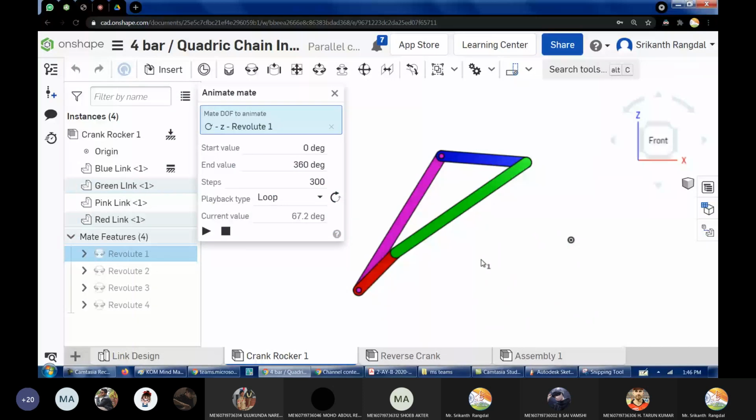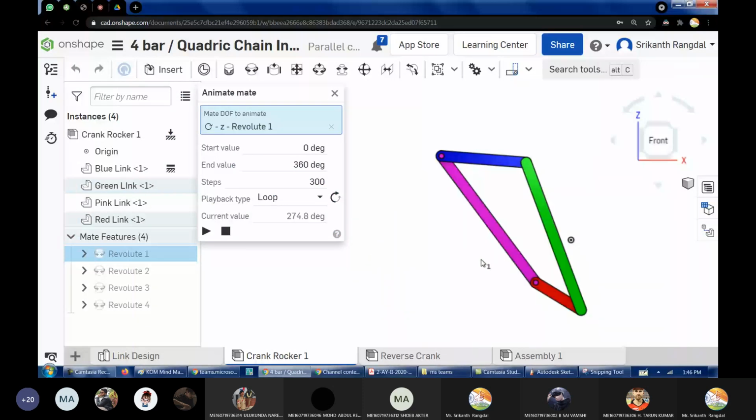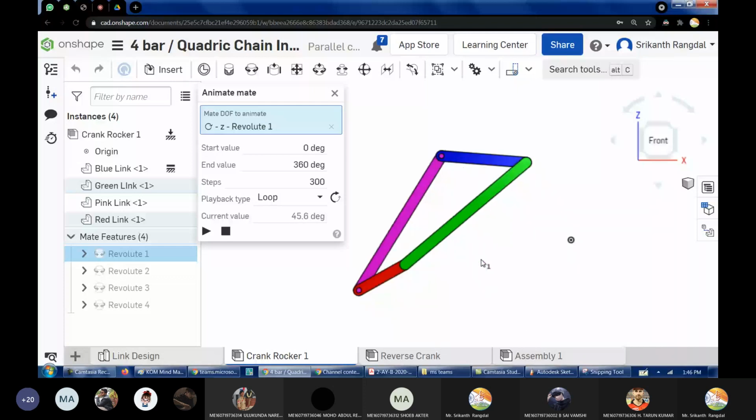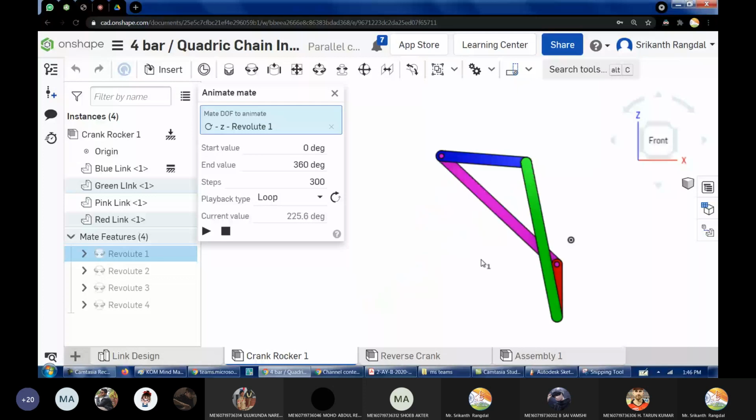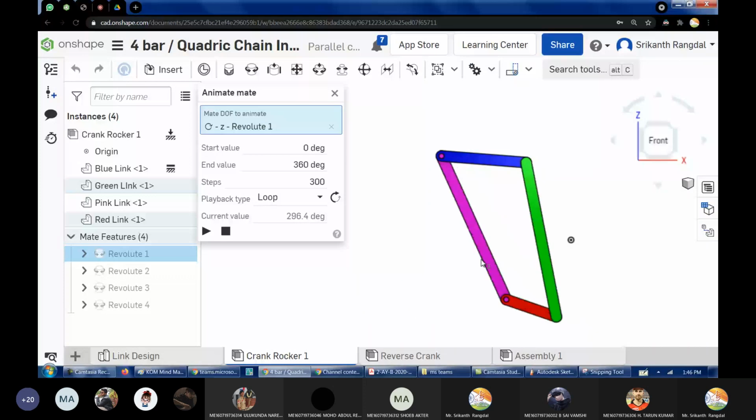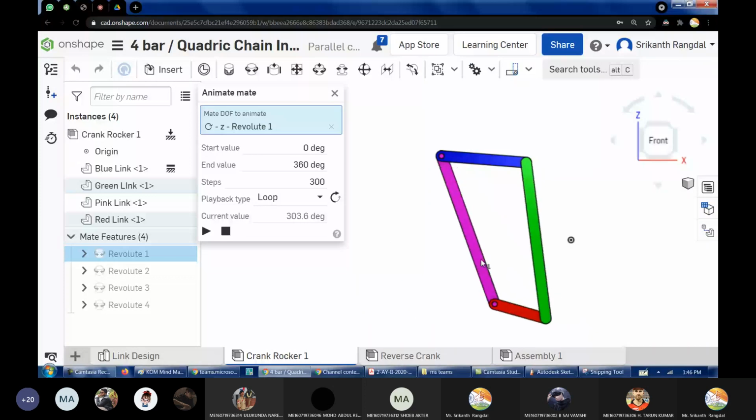It's not moving very smoothly, but I hope you can imagine how it is moving, right? So the pink and green links are unable to rotate a complete 360 degrees.